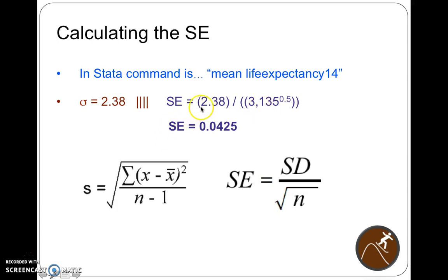So the standard deviation we had from earlier, it's right there, 2.38. And then 3135 is our n. So we had 3,135 observations here. So the standard error, in this case, determined to be 0.04 for life expectancy.